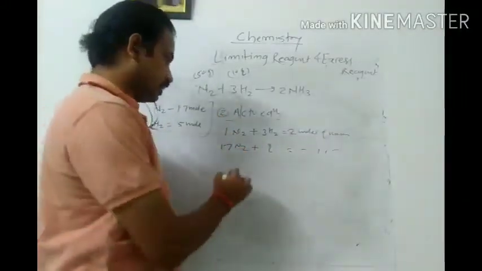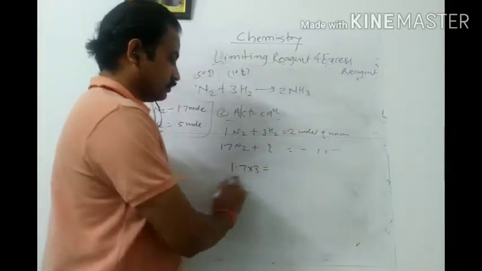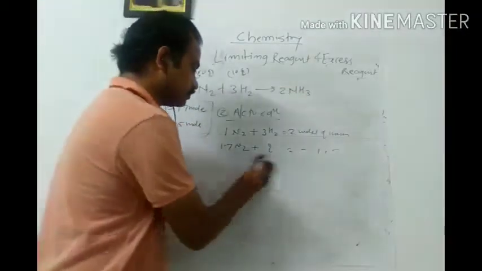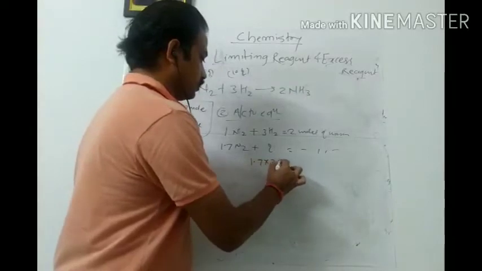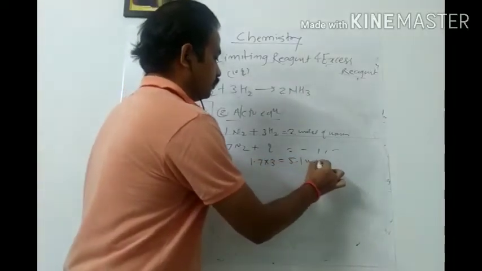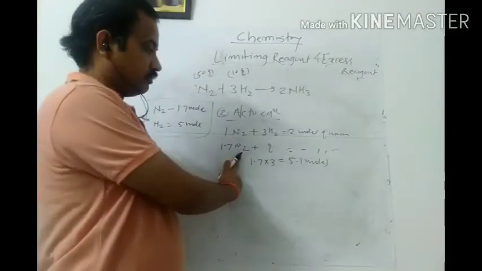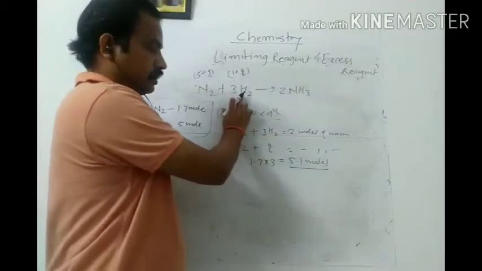Here I will do 1.7 into 3, which equals 5.1 moles. Means 1.7 moles of nitrogen reacts with 5.1 moles of hydrogen.